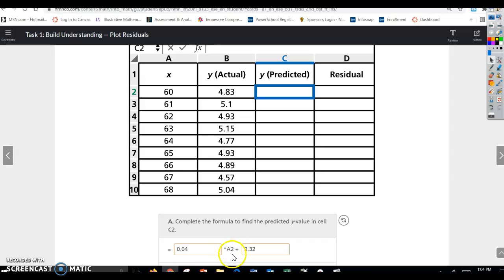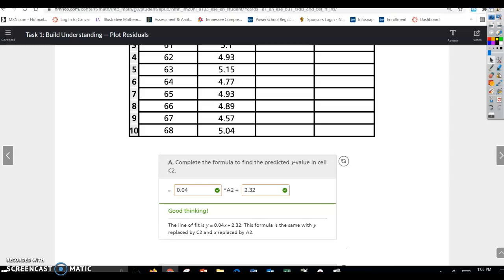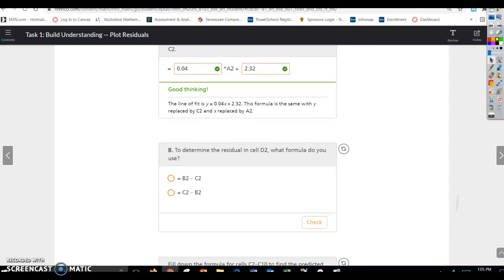A2 is just whatever's in that space, and A2 is 60, so we just plugged in that x value to find the y value. So that's just showing the formula that we used.